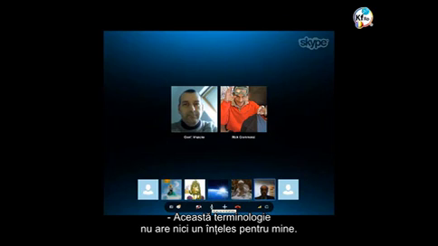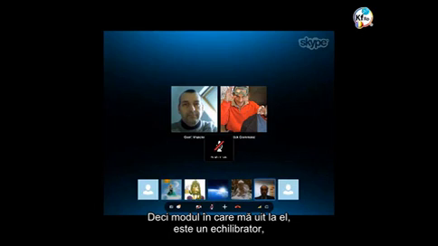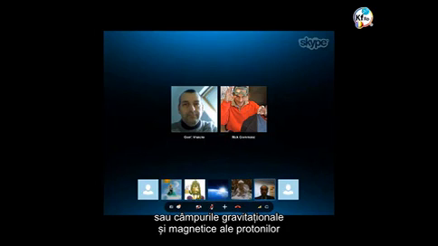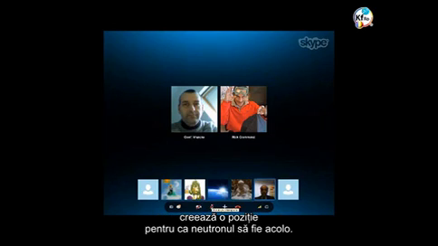This terminology has no meaning for me. The way I look at it is it's a balancer. It's something there to create a balance between the protons, or the protons' magnetic gravitational field creates a position for the neutron to be there.